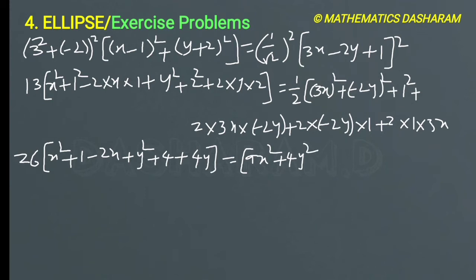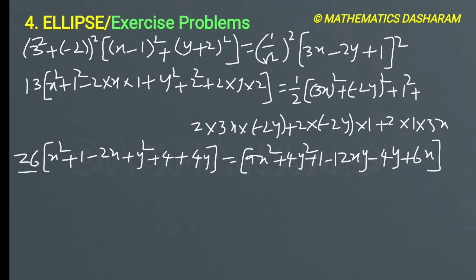Next 1 square is 1. Next 2 into 3x into minus 2y, so 3 twos are 6, 6 twos are 12, so minus 12xy. Next 2 into minus 2 into 1 is minus 4y. 2 into 1 into 3x is plus 6x.